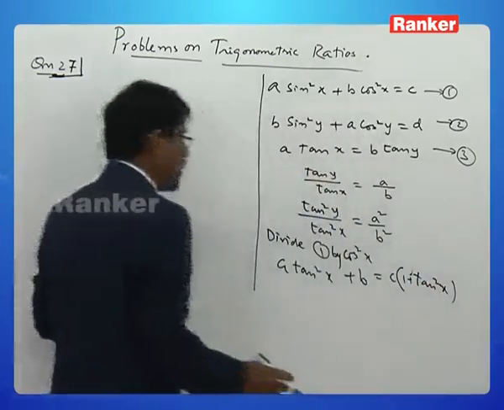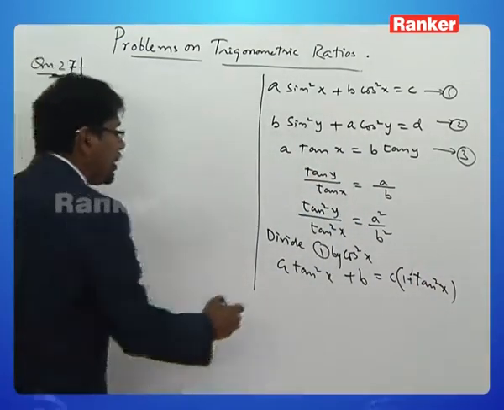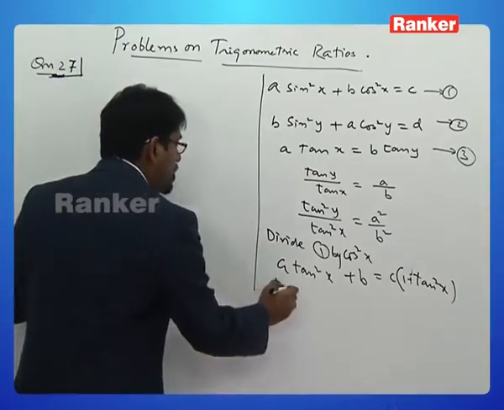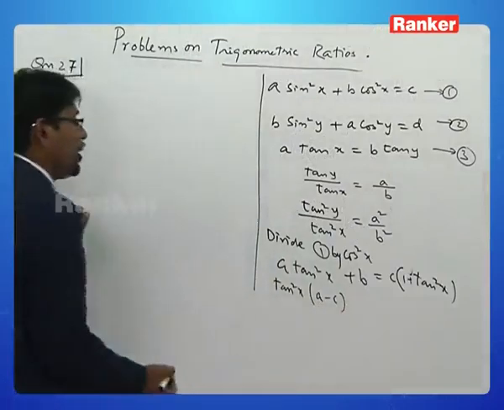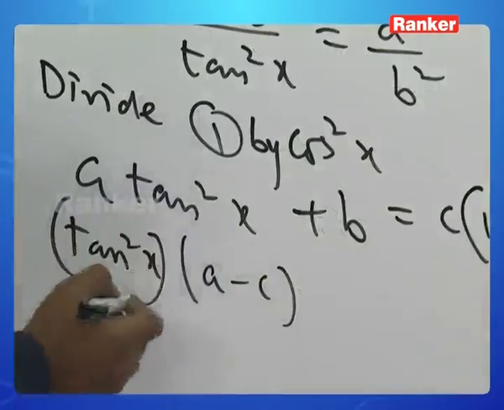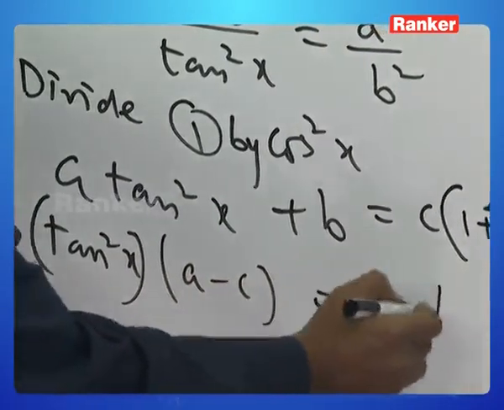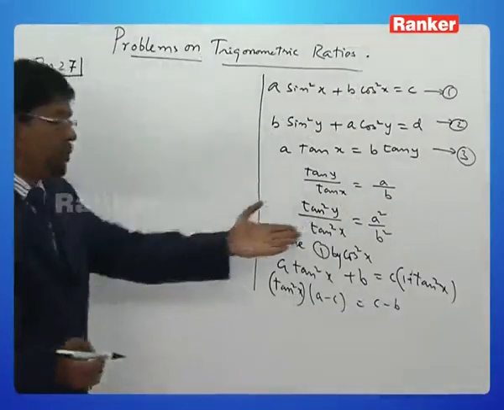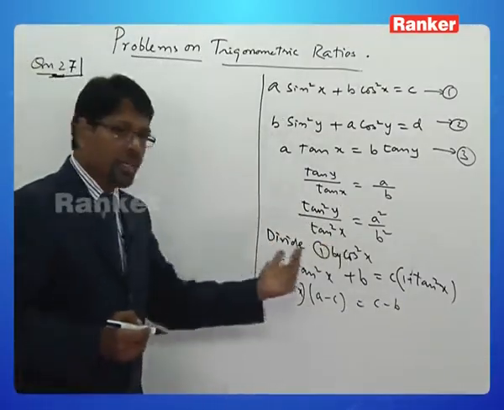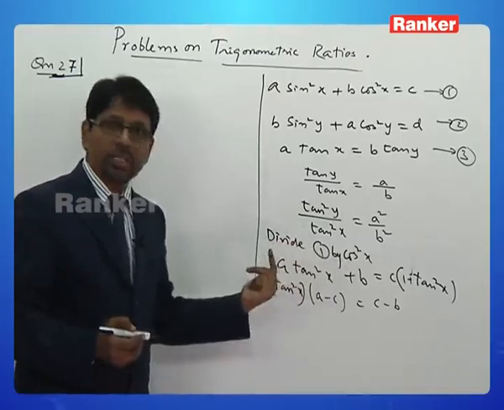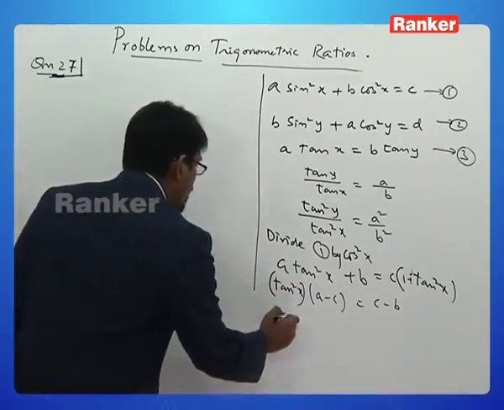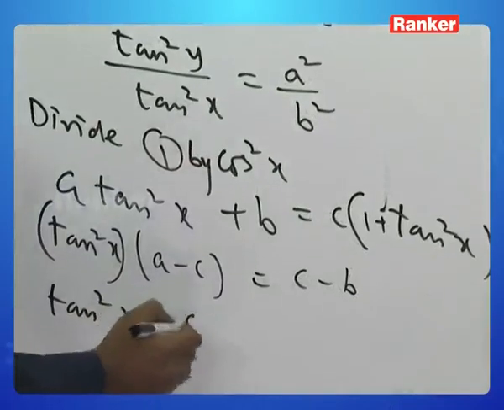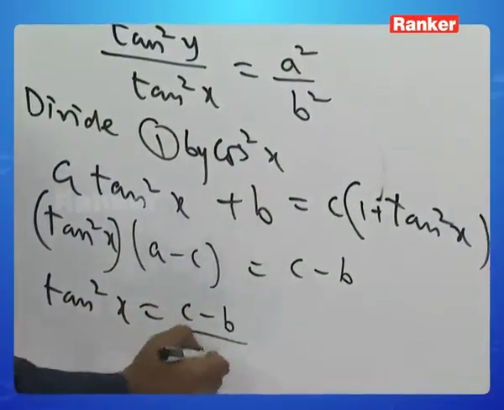From here, pull the tan square x term this side. So tan square x into a minus c is equal to c minus b. Therefore, what is tan square x from here? c minus b by a minus c.